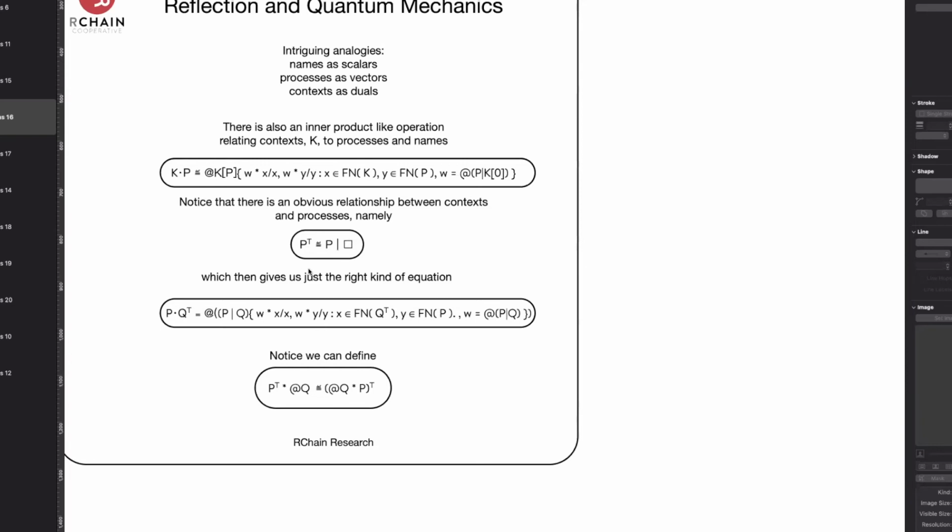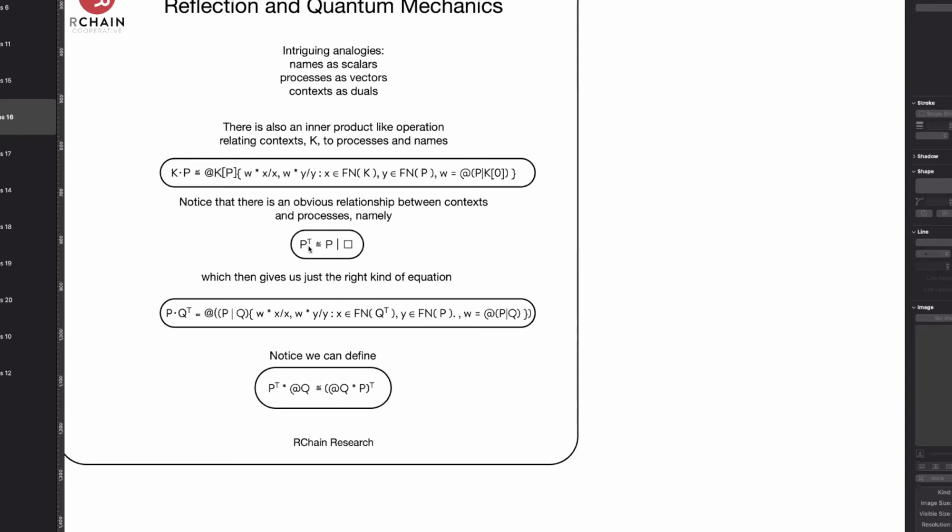And the main thing is you have to say how to take the dual of a context, and that's where you have to say that the dual of a context is applying the context to 0, and that flips you from a context to a process, right?